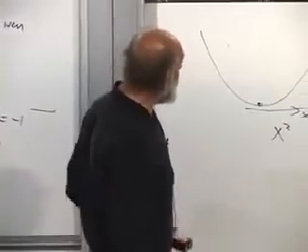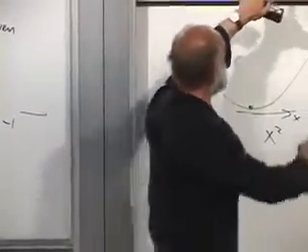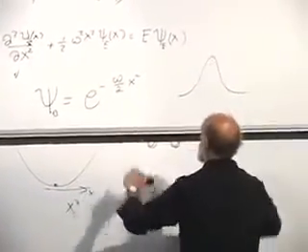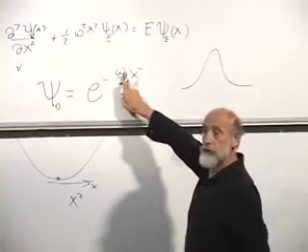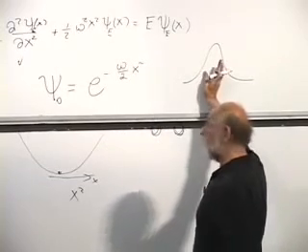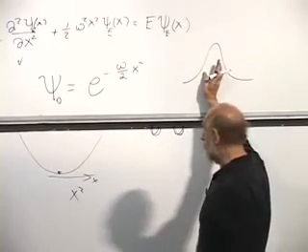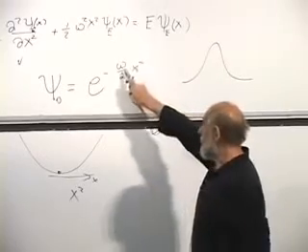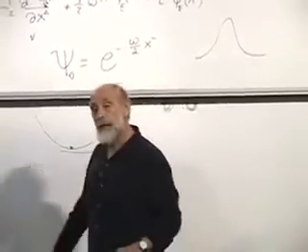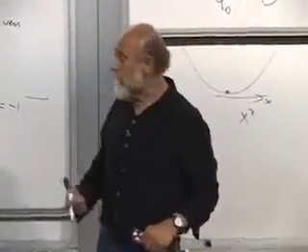All right? The ground state probability distribution is a Gaussian, a bell-shaped curve with a width which is controlled by omega. The bigger omega gets, the narrower the distribution. Why does the width get narrow with omega?